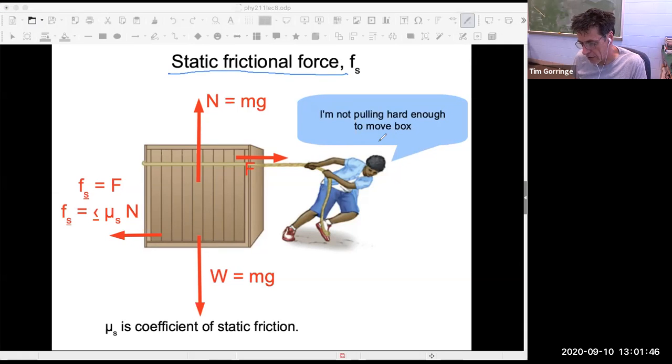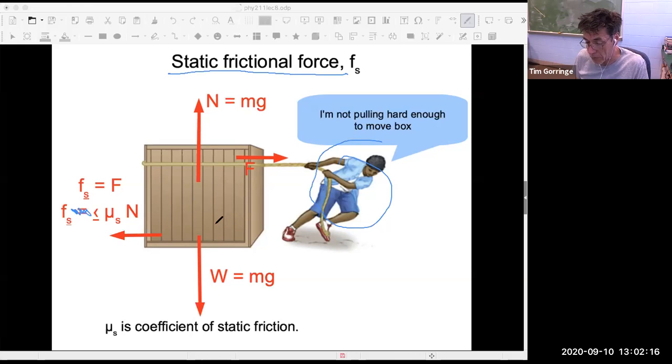So imagine this is me and I'm pulling on this crate. If I'm unable to move the crate, although the crate isn't moving, because I'm pulling towards the right, there must be a balancing frictional force towards the left. Otherwise, the crate would move. And there's an equation that we use for that frictional force.